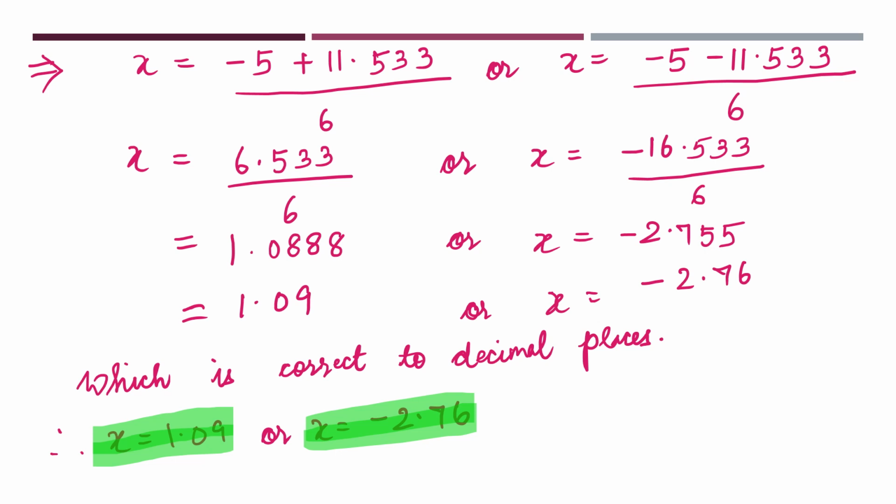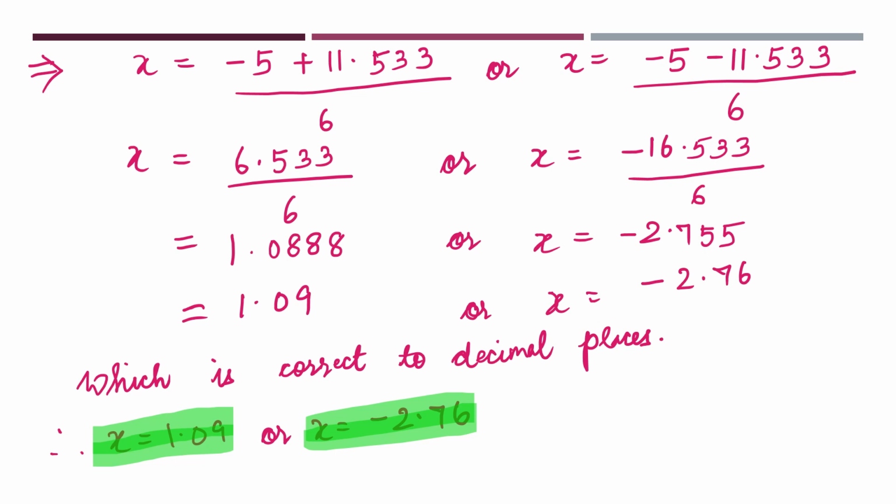So what we get here, when we divide 6.533 by 6, we will get 1.0888, or x is equal to minus 2.755.